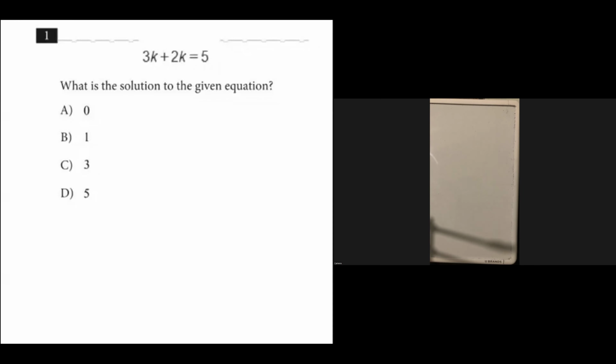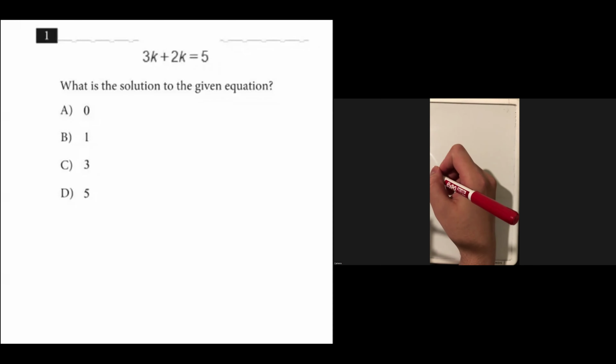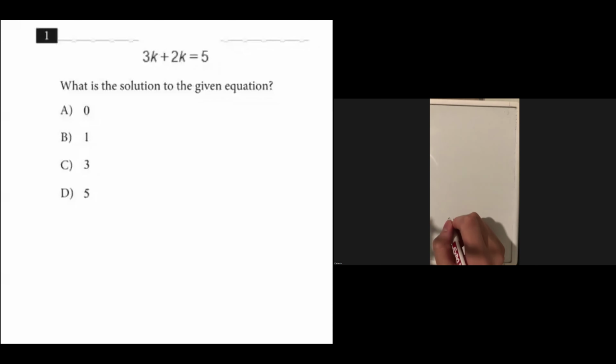As for question 1, we have 3k plus 2k equals 5. 3k plus 2k is 5k, so 5k equals 5. What is the solution? 5 divided by 5 is 1, so k is equal to 1. So answer choice B.